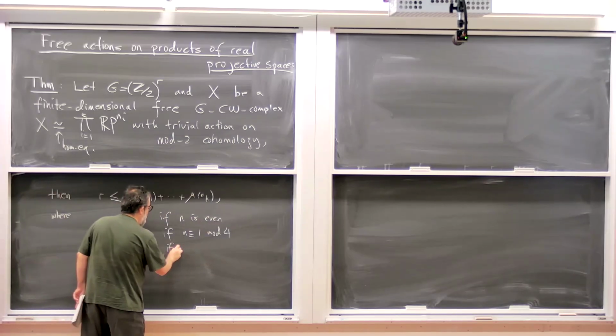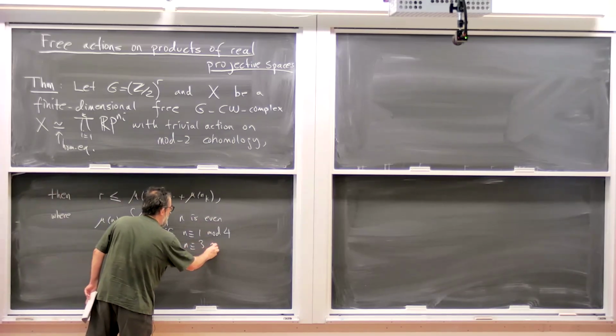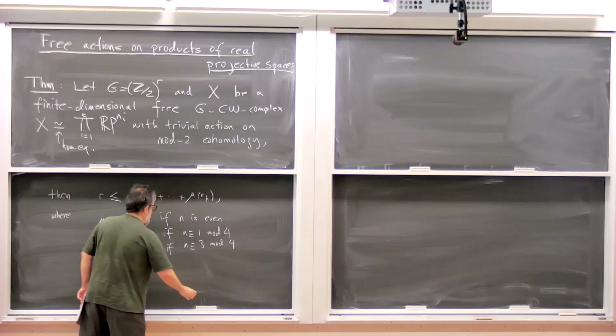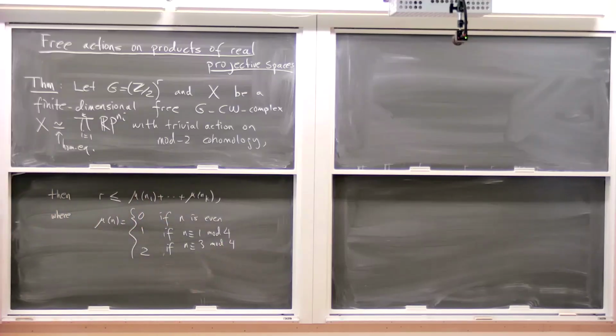If n is 3 mod 4, it is 2. So this is the theorem, and this actually solves a conjecture.